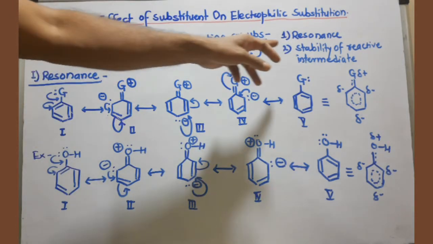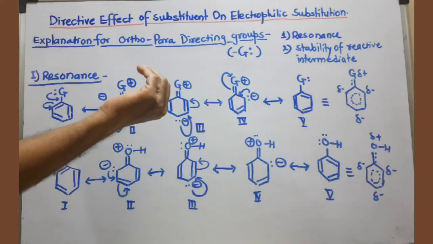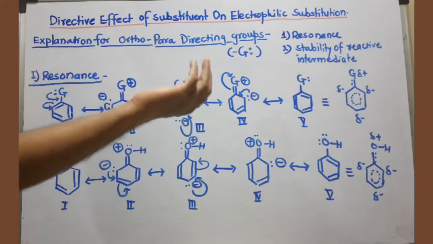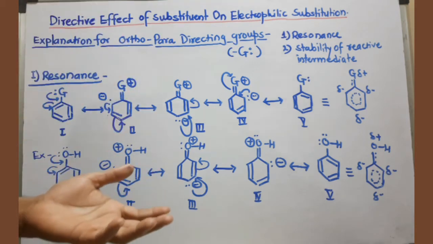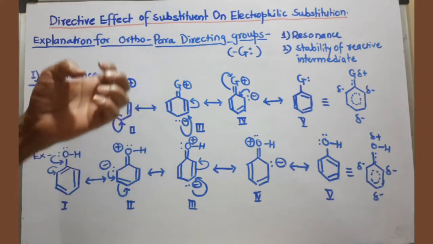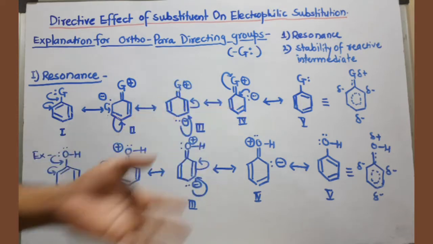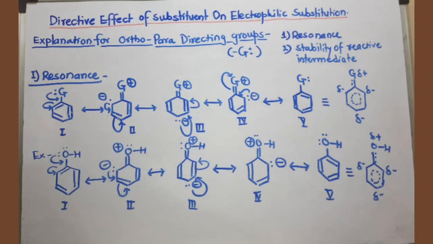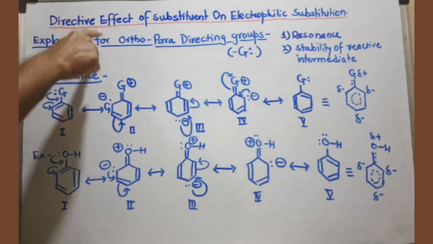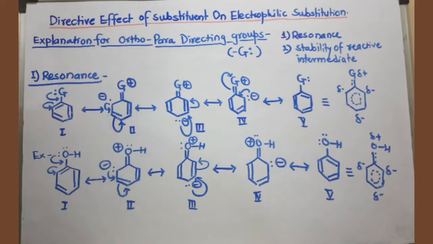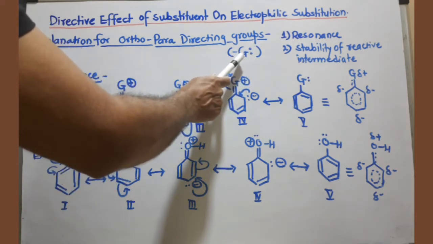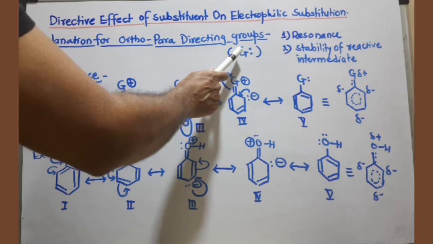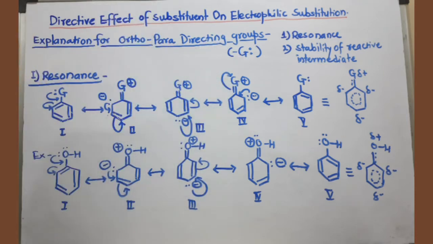When the electrophile attacks, in the first step there is formation of a carbocation, which is a reactive intermediate during this reaction. So we have to consider the stability of that reactive intermediate to explain ortho-para directing groups. I have taken here a group with at least a lone pair of electrons present on the atom which is directly attached to the benzene ring.